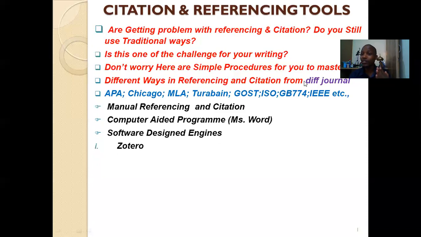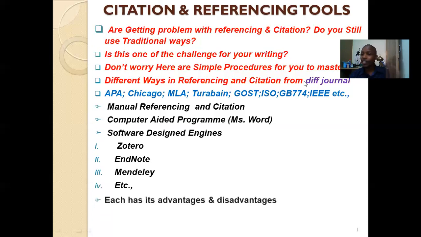We have Zotero, one of the beautiful software for referencing and citation. We have EndNote, which is also very useful. We have Mendeley, which is also very common. We have other ones. Each of these differs in various perspectives, and each has advantages and disadvantages.